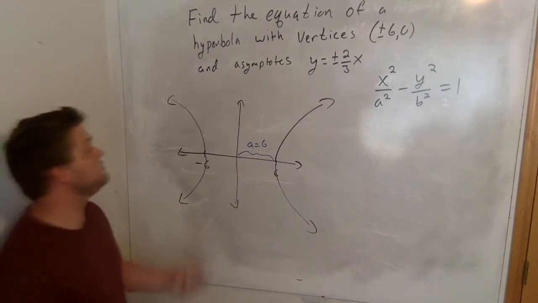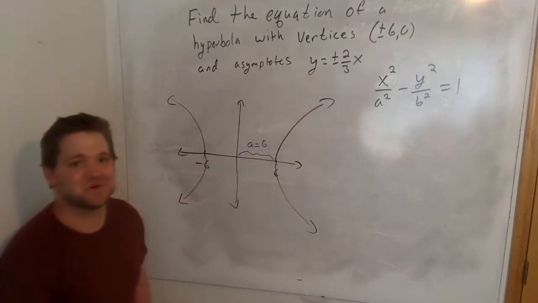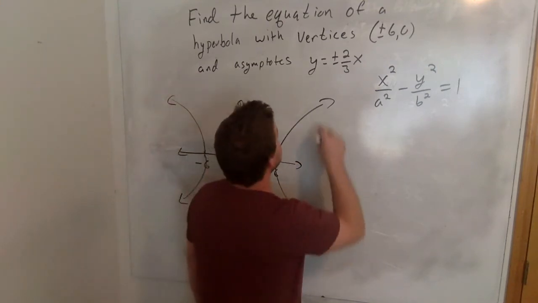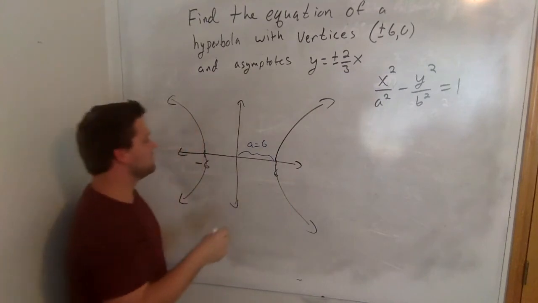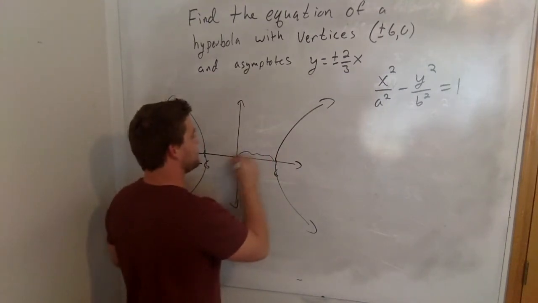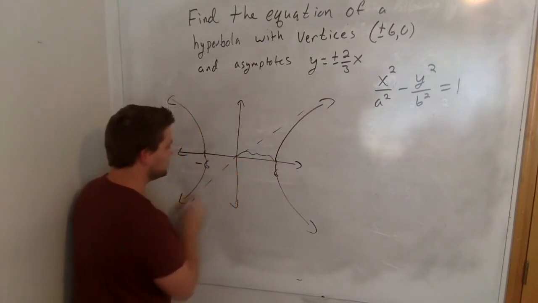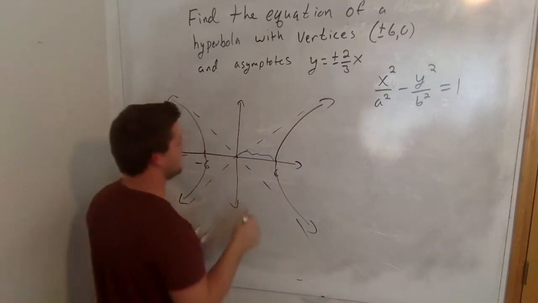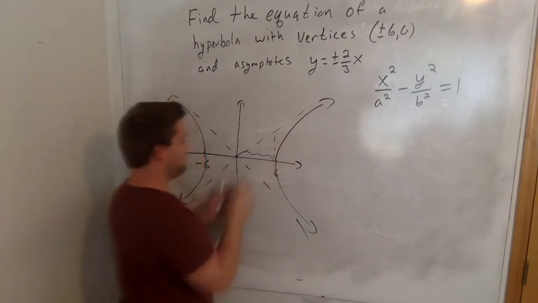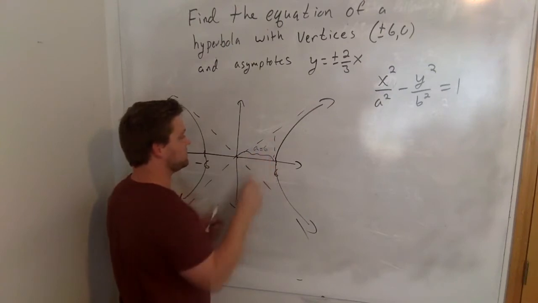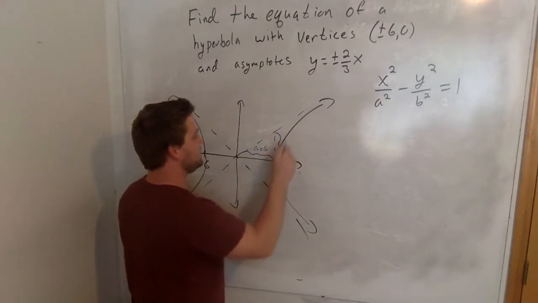Well, we haven't used the information about the asymptotes. So in this case, we need to remember the asymptotes, at least for this version. If we were to draw a general sketch of them, this isn't the general sketch of this hyperbola, just some information to give us an idea. Well, this distance is what we call a, so a is 6.